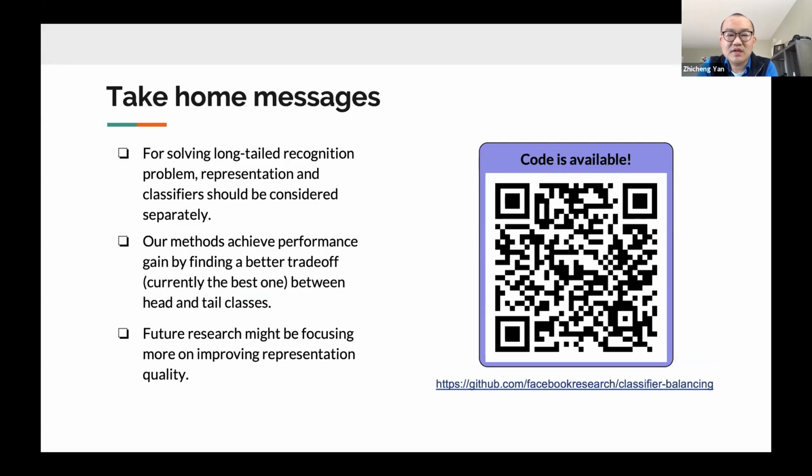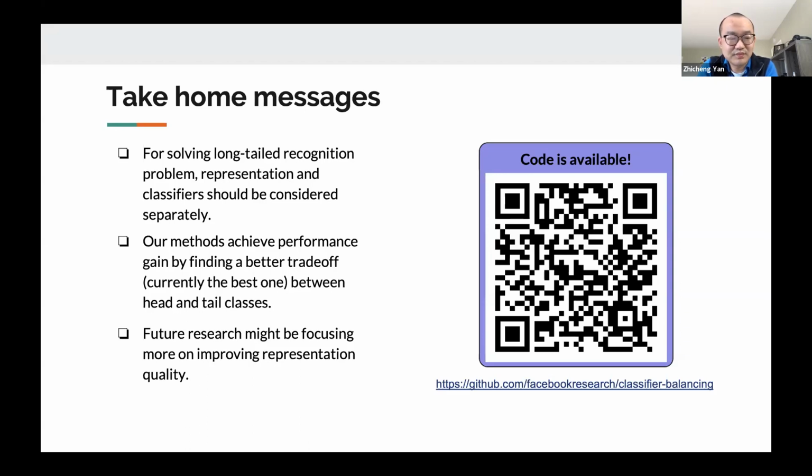So we propose that when solving this problem, we should consider representation learning and classifier training separately. In this talk, we show the representation can be learned using instance balanced sampling without any tricks, while for achieving good performance in the classifier, we should rebalance the classifier, considering the imbalanced class distribution in the data.